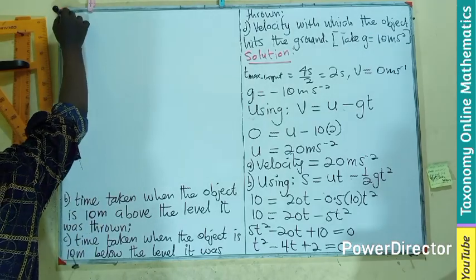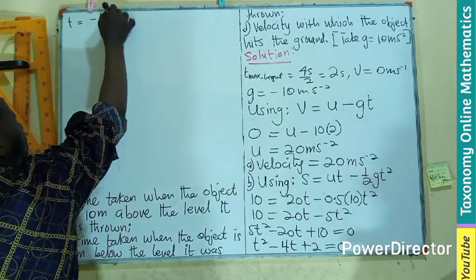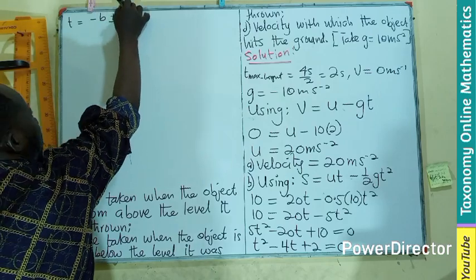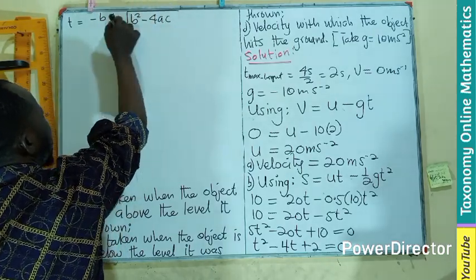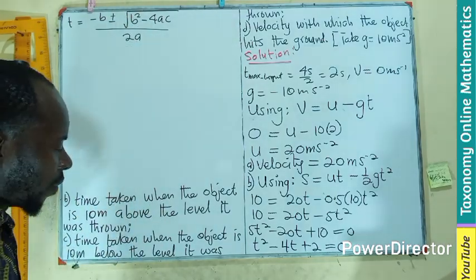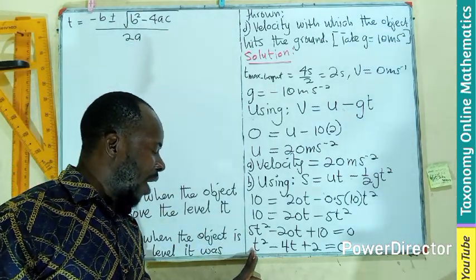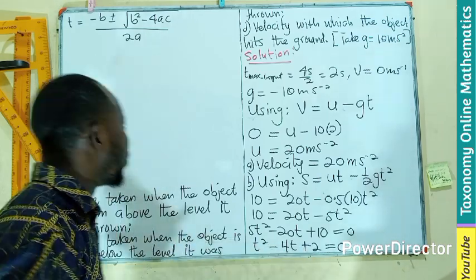So let's just say our t is going to be minus b plus or minus the root of b squared minus 4ac, divided by 2a. And because of time, we know the a is going to be 1, the b is going to be minus 4, and c will be 2.